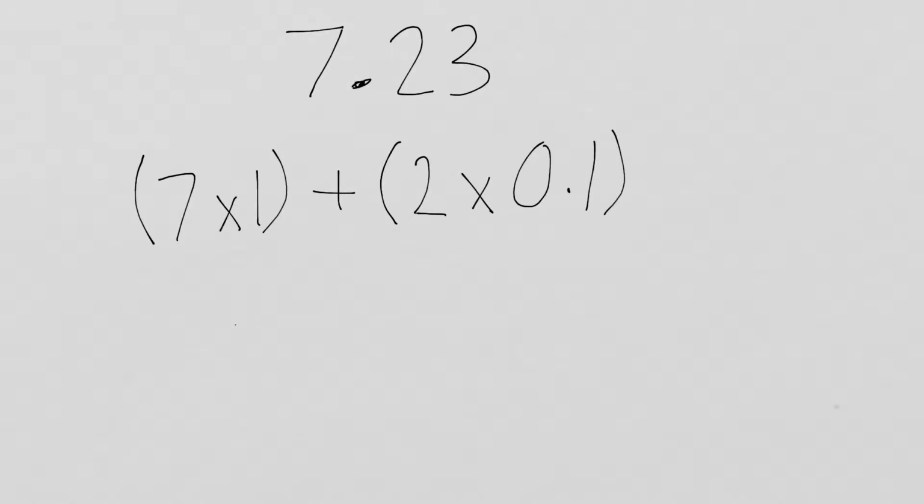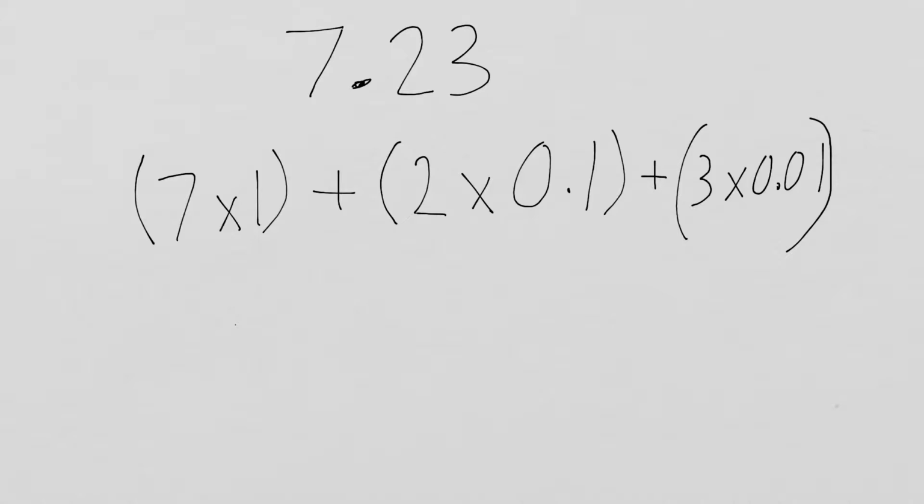And then our 3 is in the hundredths. It's in our second place value after the decimal point. So that one's going to get expanded out to 3 times 1/100th. And remember, we have to have this 0 here to show that it is in the hundredths place value.